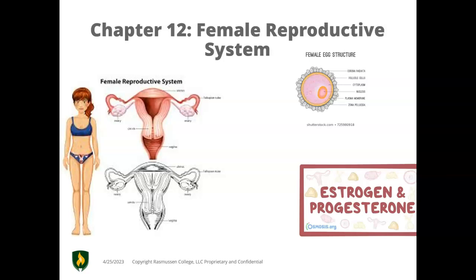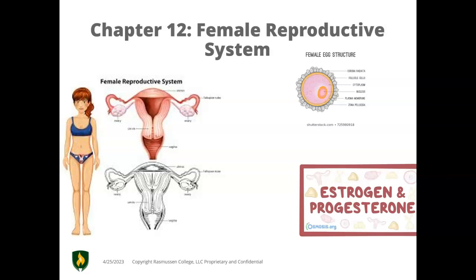And while there are many, many females in the world, and we have many, many different OBGYNs, which is an obstetric and gynecology doctor, the truth is that with the female reproductive system, there's still so much that is completely unknown.